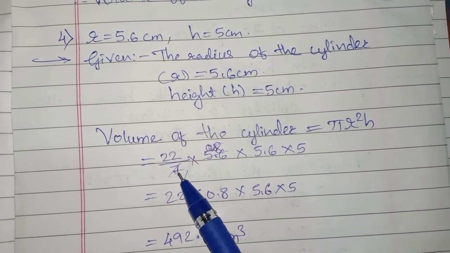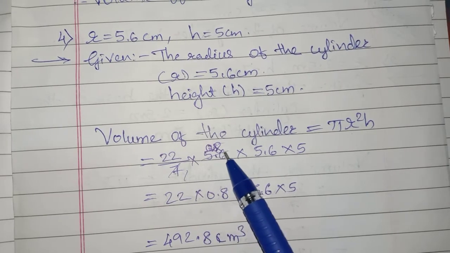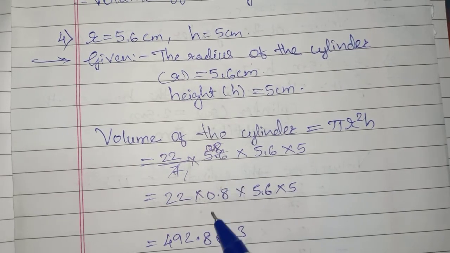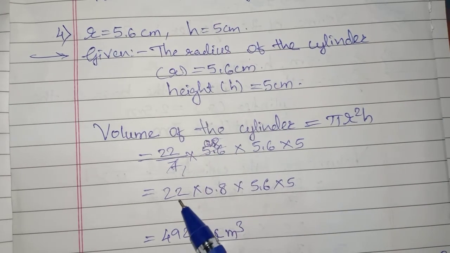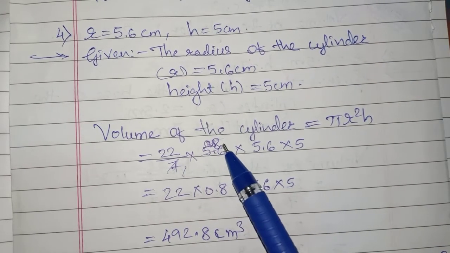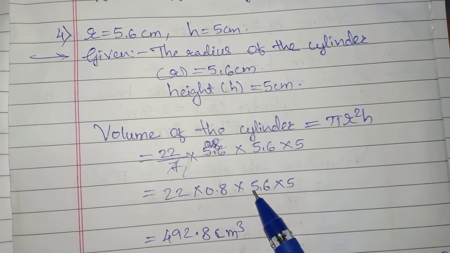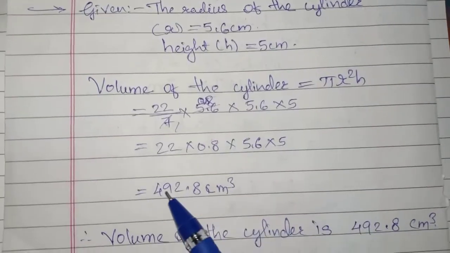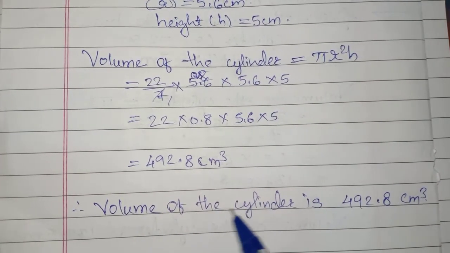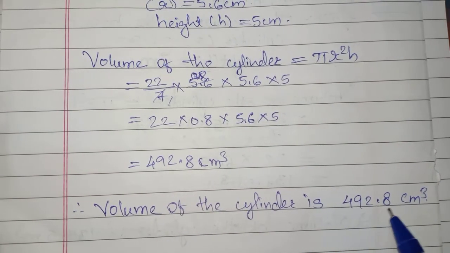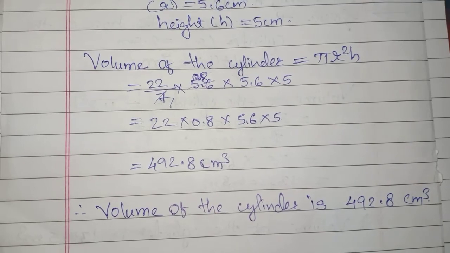Here 7 ones are 7 and 7 8s are 56, so you get 0.8. So 22 into 0.8 into 5.6 into 5, you get 492.8 centimeter cube. Therefore volume of the cylinder is 492.8 centimeters cube.